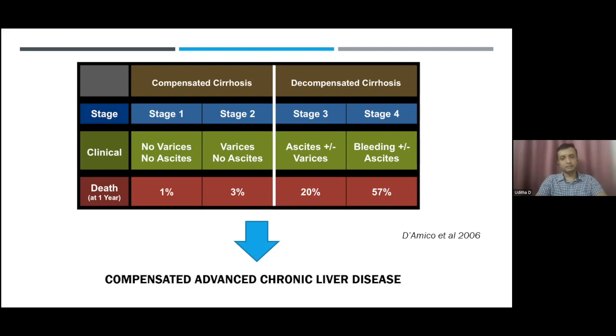Whereas for advanced chronic liver disease, we use non-invasive methods like biochemical tests, liver panels, and liver elastography to define advanced chronic liver disease and portal hypertension. So this understanding and the definitions are changing, and that's also something we need to be aware of.